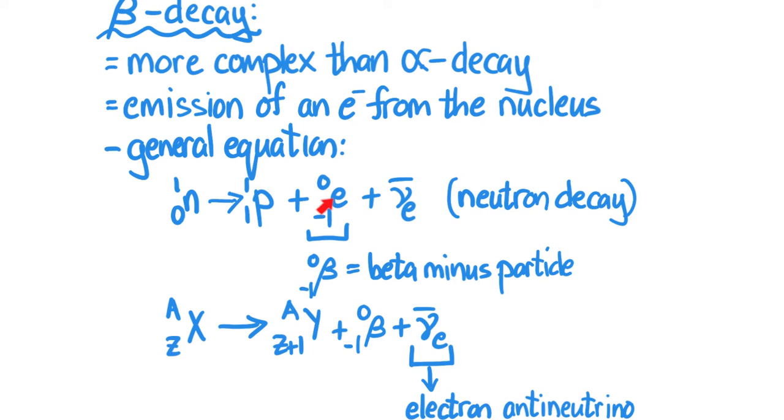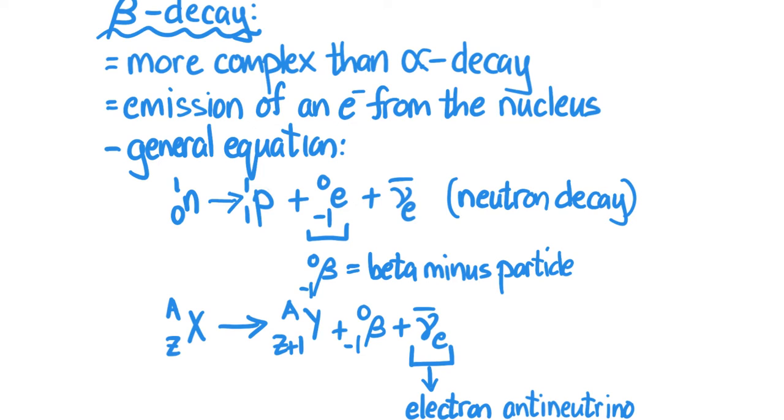Here we have an electron, and an electron does not have a mass number because it's not a nucleon. It's neither a proton nor a neutron. But we say here that in the place of the atomic number, and this is where it gets a bit weird, we put a -1. And that denotes that it has an opposite sign charge to the proton.